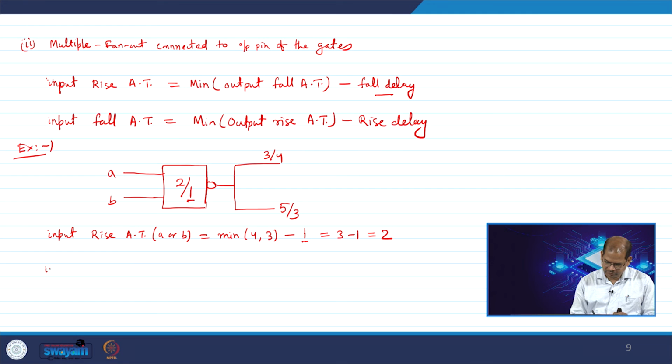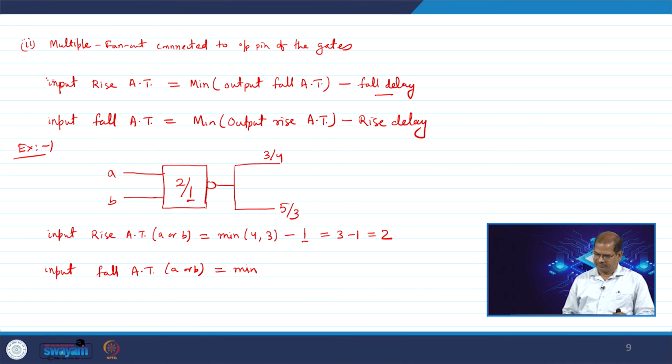Similarly, the input fall arrival time at A or B node, both nodes, is the minimum of the output rise arrival times. Rise is basically 3 and 5, 3 comma 5, minus the rise delay.